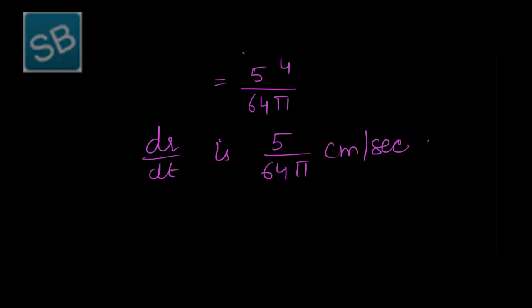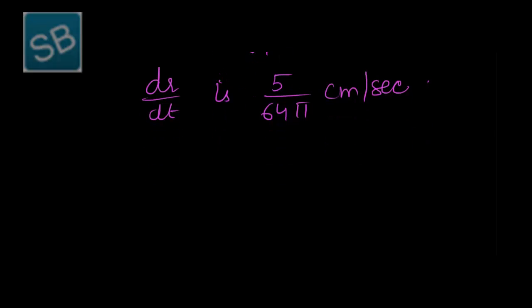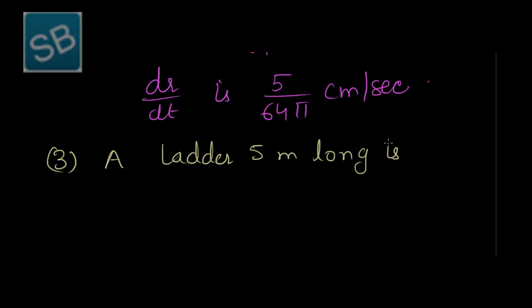So the next problem to be discussed is that a ladder 5 meter long is leaning against a wall.